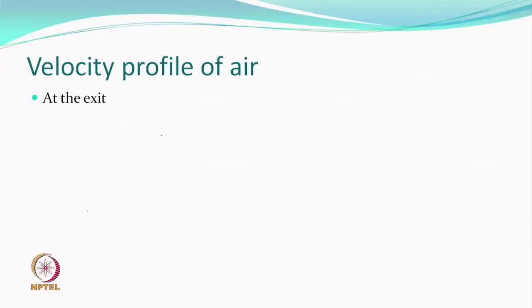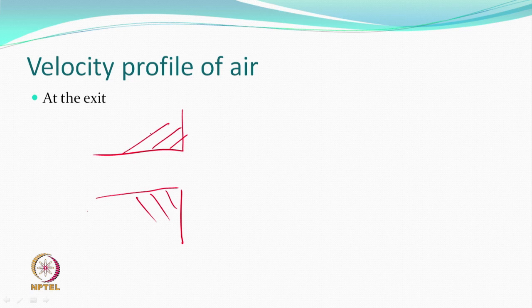So, if somebody says what would be the profile of the air velocity, if it was a low velocity situation like a Newtonian flow through any tube, the profile would be like this.